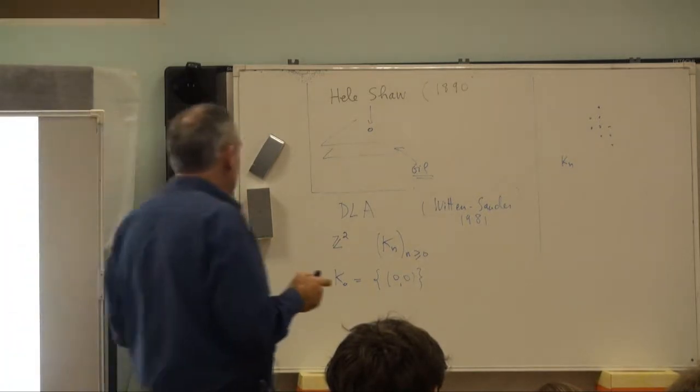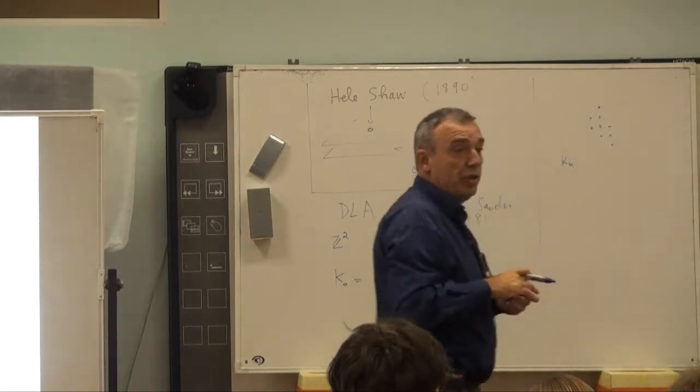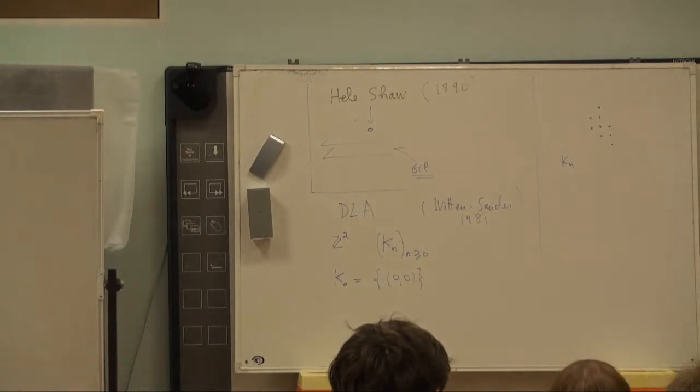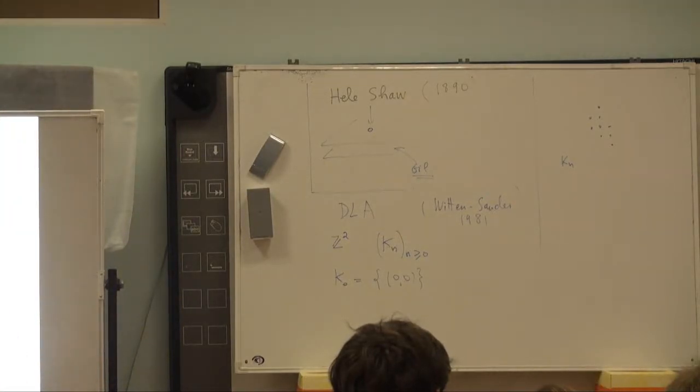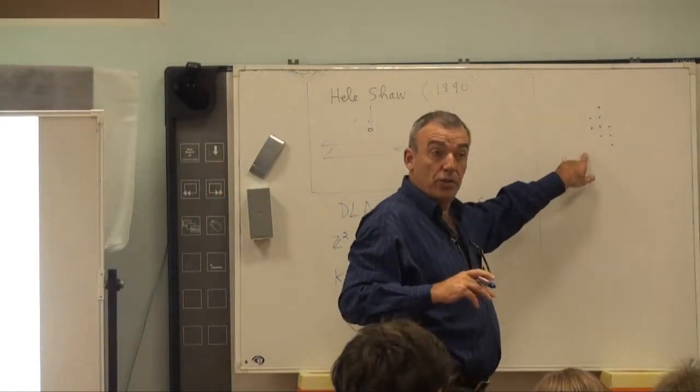You start this random walk, and we know that random walk in Z^2 is recurrent, so eventually you will hit the existing cluster.